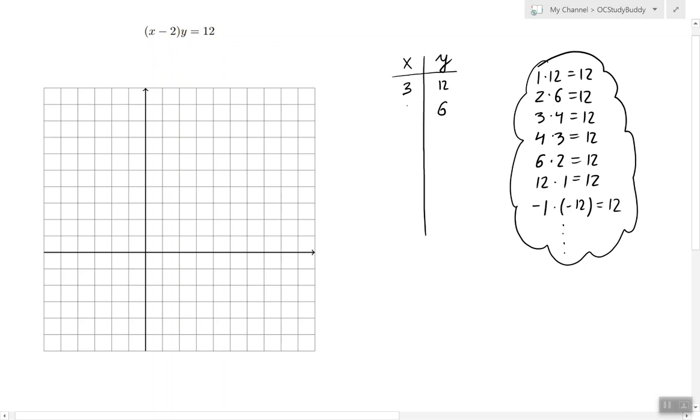So if y is 6, then x has to be 4. If y is 4, then x has to be 5. If y is 3, then x has to be 6. If y is 2, then x has to be 8. And if y is 1, then x has to be 14.